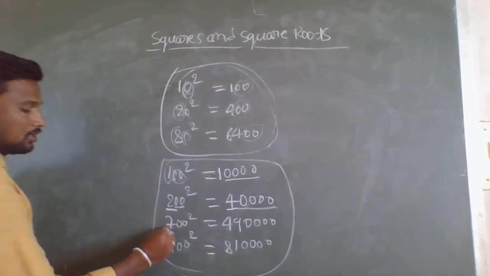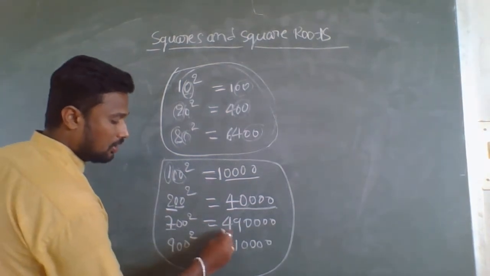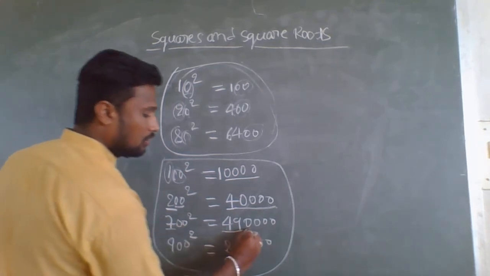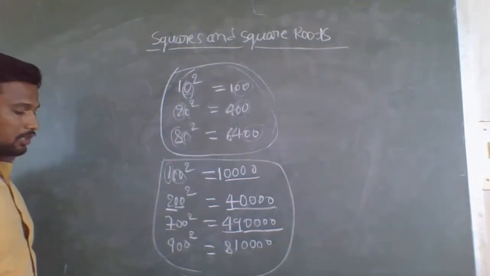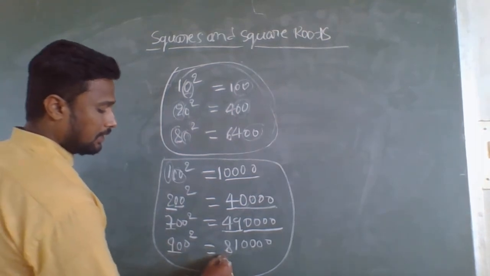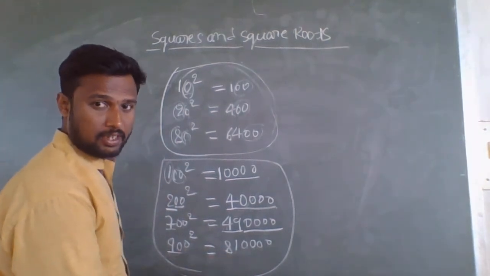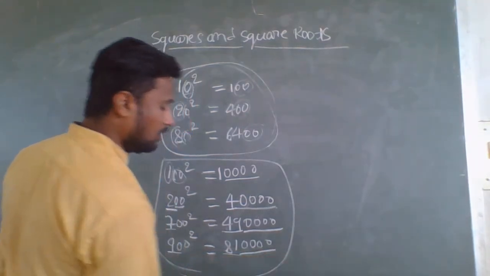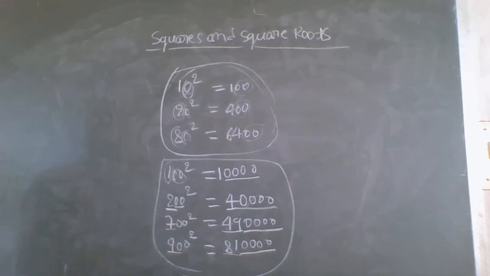Like this only, square of 7 is 49, and they have given 2 zeros, so you will get 4 zeros in the square number. And square of 9 is 81. 9 into 9, what you will get? 81, and they have given 2 zeros, so here you will get 4 zeros.